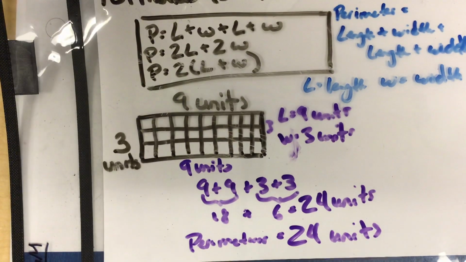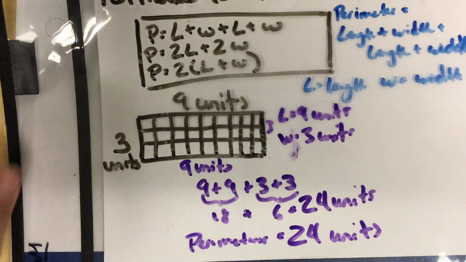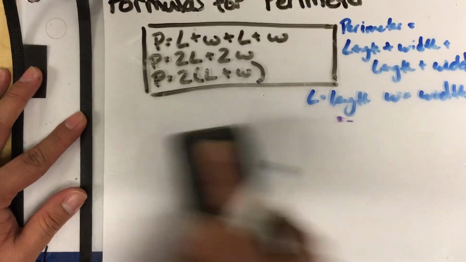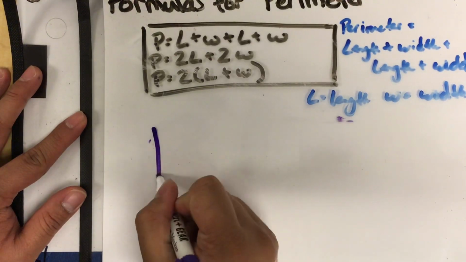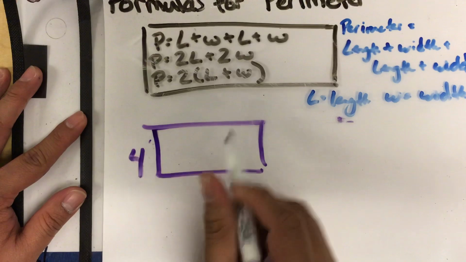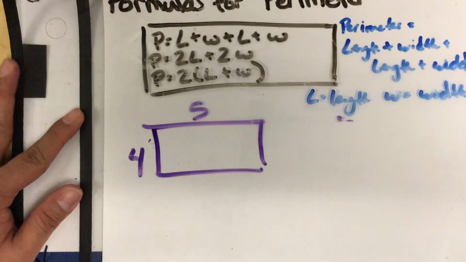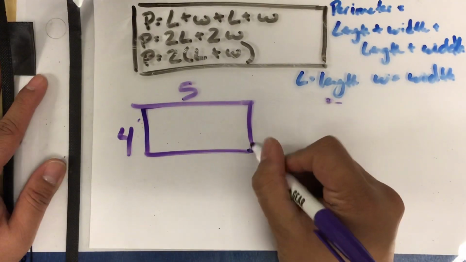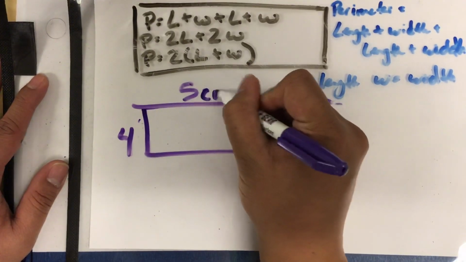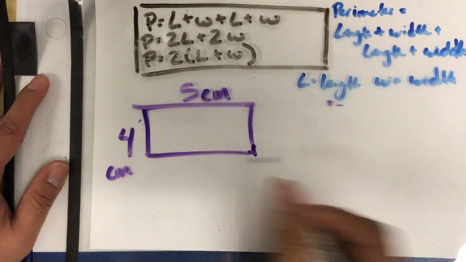Okay, let's try another quick problem before we move to our area. So what if I had a shape that is 4 units wide and 5 units long? Okay, well, or actually 5 centimeters and 4 centimeters.